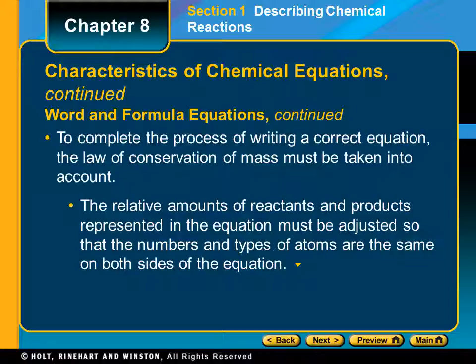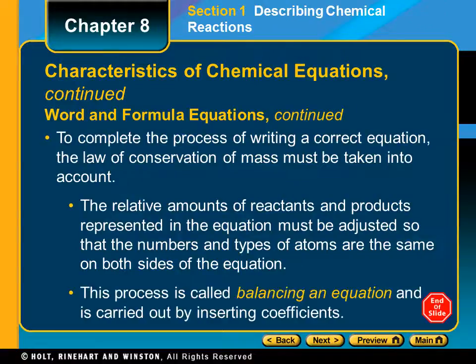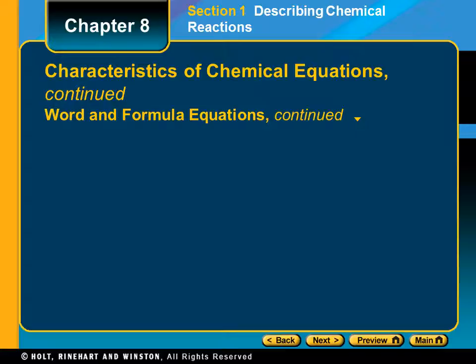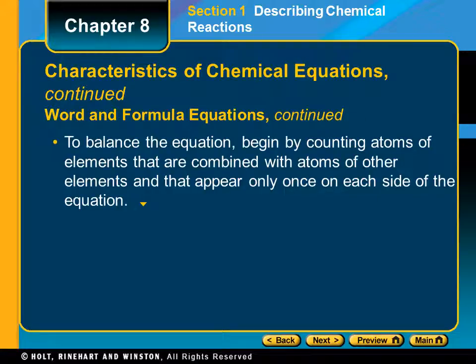What you have on the left side of the equation equals what you have on the right side of the equation. The process is called balancing the equation. It is carried out by inserting coefficients, as I said. So to balance an equation, we count the atoms of elements that are combined with atoms of other elements, and that appear only once on each side of the equation.